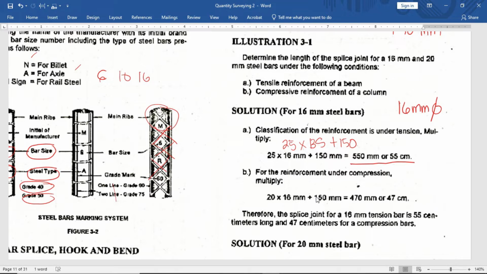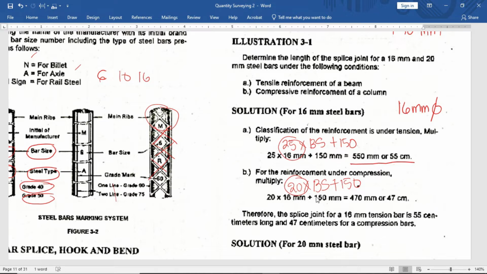How about if the 16 mm steel bars are used for compressive reinforcement of a column? Our formula is 20 times the bar size plus 150. The only difference here is the multiplier, 25 and 20.